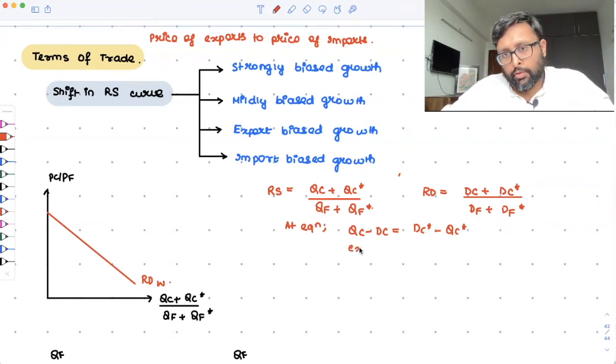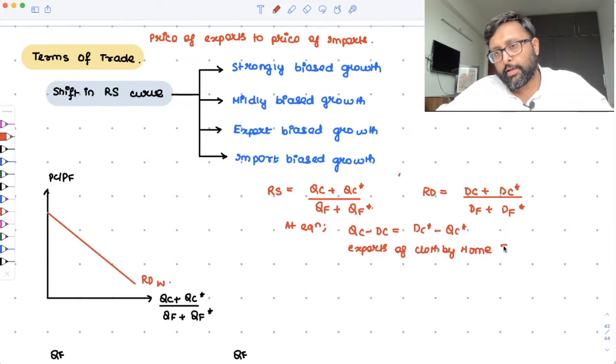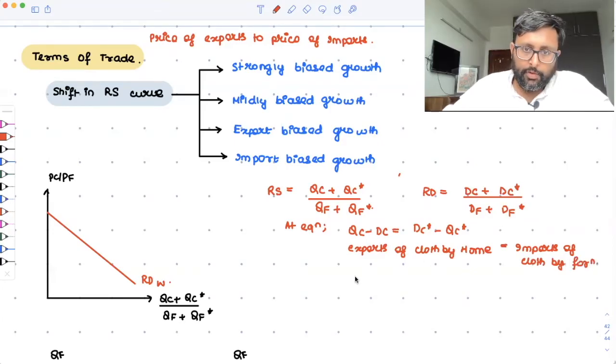So exports of cloth by home is equal to imports of cloth by foreign.